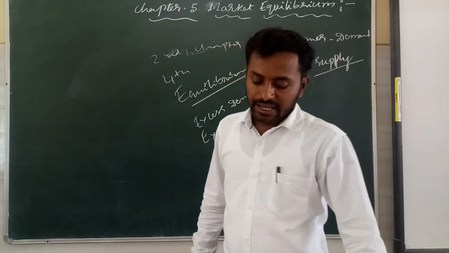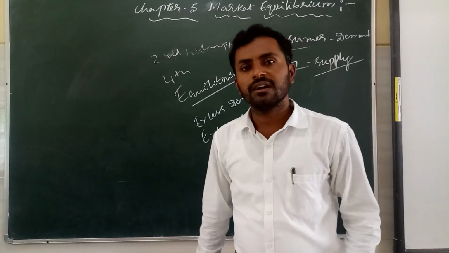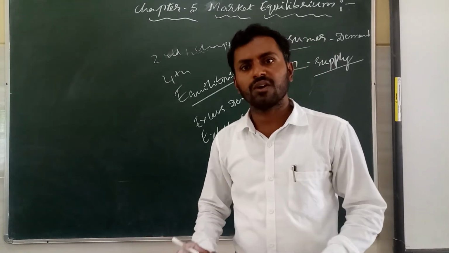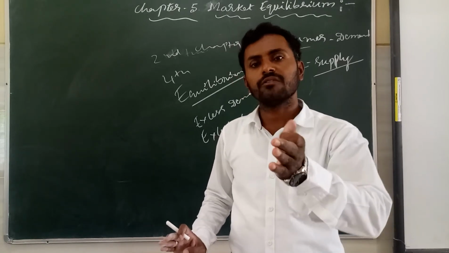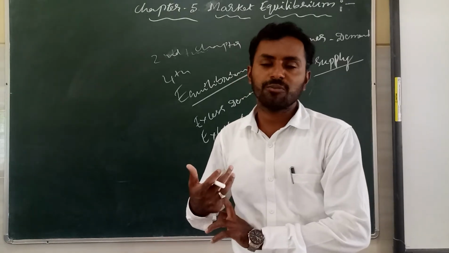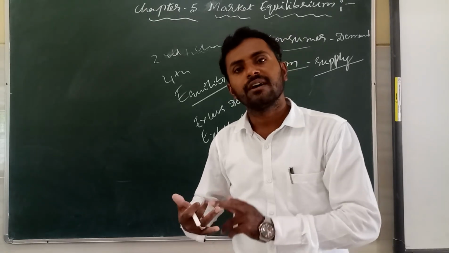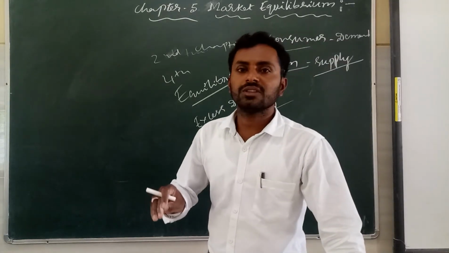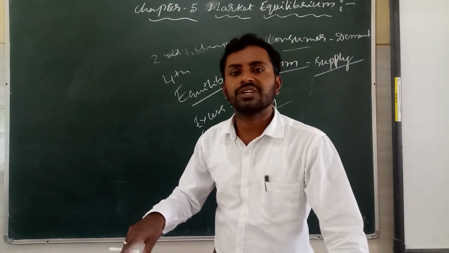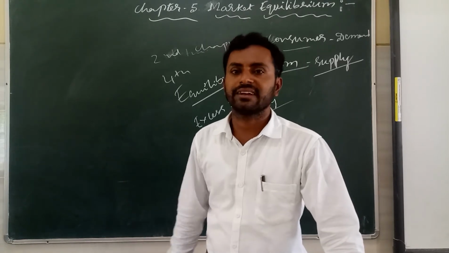We know that in microeconomics we discuss around 5 markets: perfect competitive market, monopoly market, monopolistic market, oligopoly and duopoly. In the perfect competition market, they are the price takers.